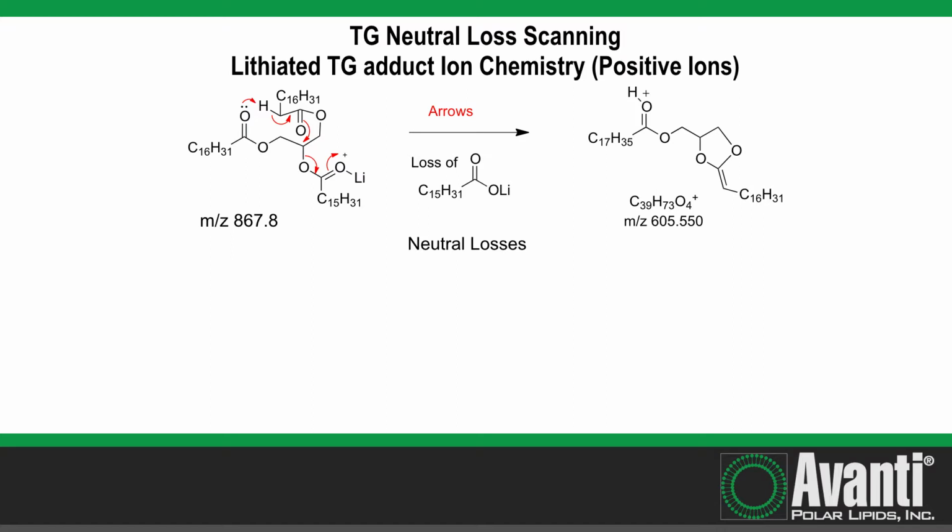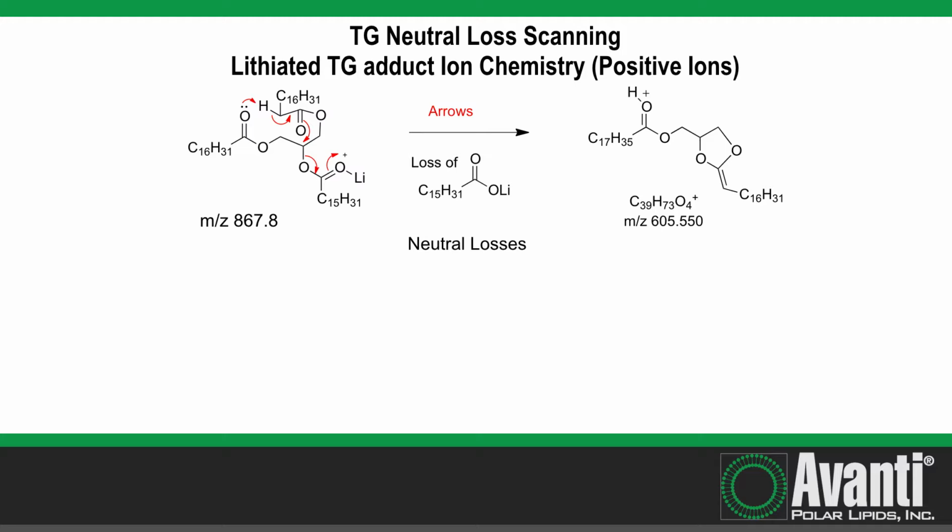Okay, now let's look at the neutral loss scanning for those triglycerides. So in this particular example, the ion chemistry involved the lithium adduct. They added lithium as an alkali charging ion to make this positive ion. This is one of the examples of a neutral triacylglyceride.